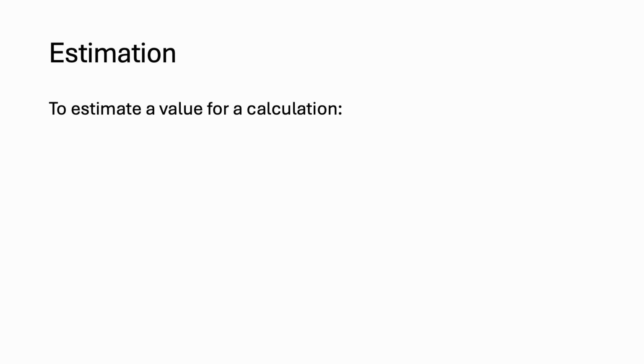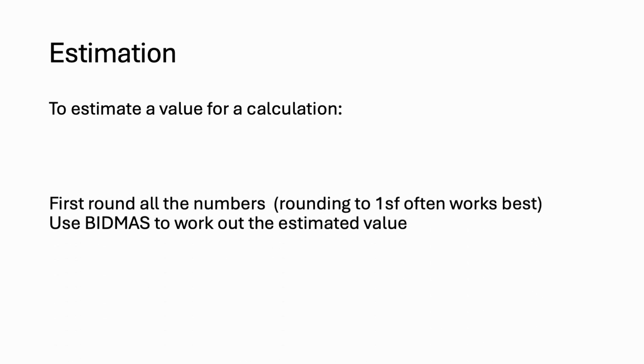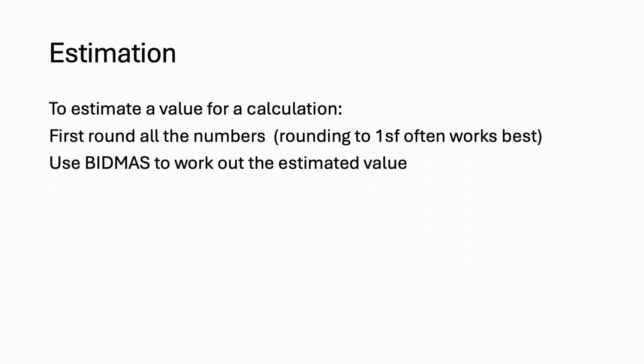Estimation. So to estimate a value for a calculation, first we need to round all the numbers, which I believe rounding to 1 significant figure works best, if not 2 sometimes.